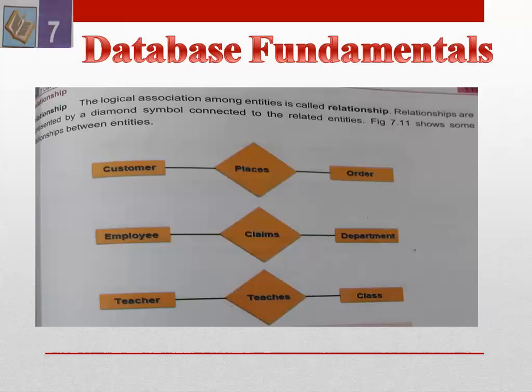This is a relationship between employee and department. Then one more example: teacher is one entity and class is another entity. Teacher teaches class. This is a relationship between teacher and class. All these are types of relationships: customer places order, employee claims department, teacher teaches classes.